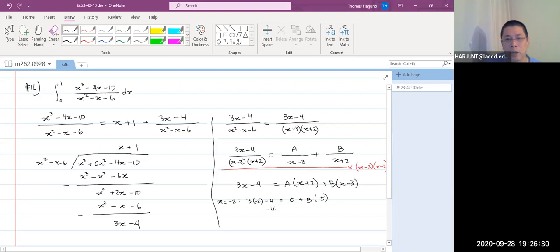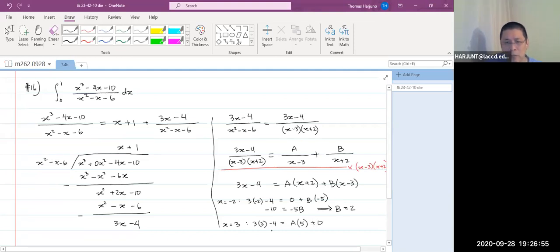So -10 equals -5b, b equals 2. Second special number, x equals 3. So 3 times 3 minus 4 equals a times 5 plus 0.